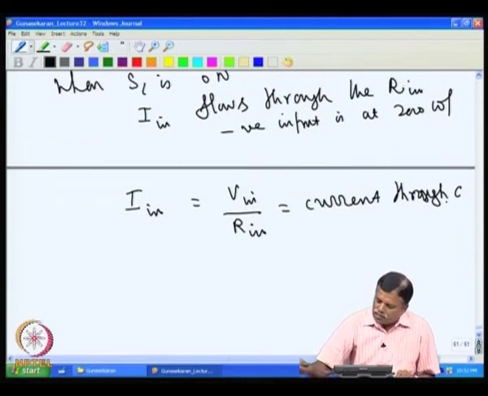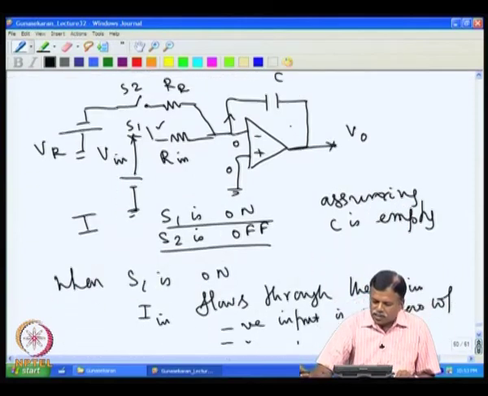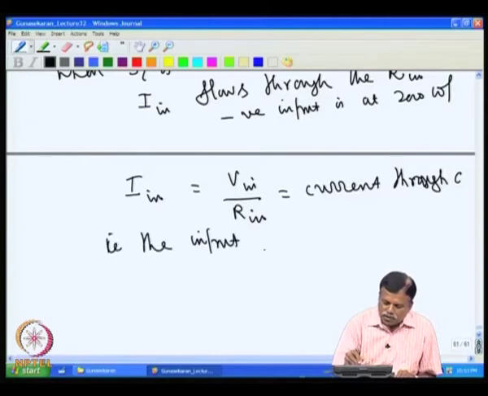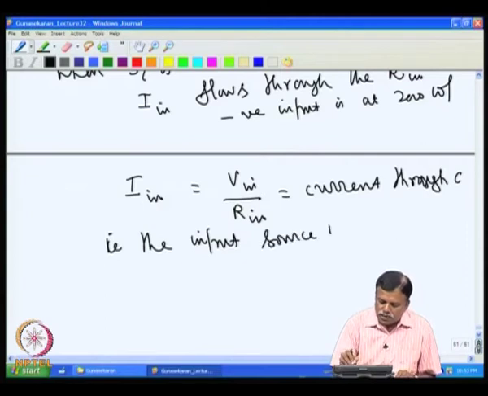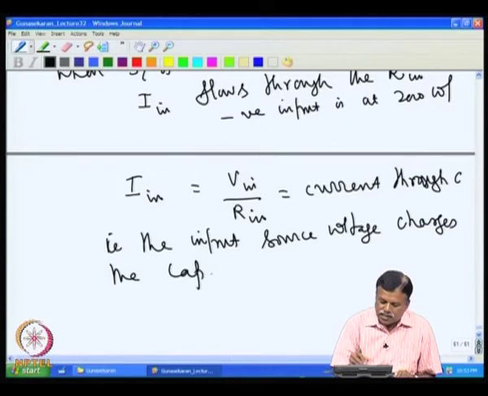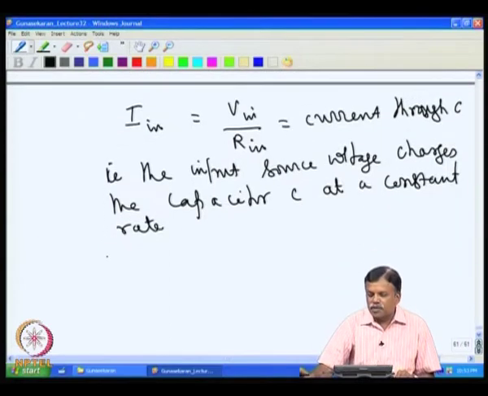Once I connect S1 on and S2 off, the input source voltage V in charges the capacitor C at a constant rate. So the capacitor voltage is built up.